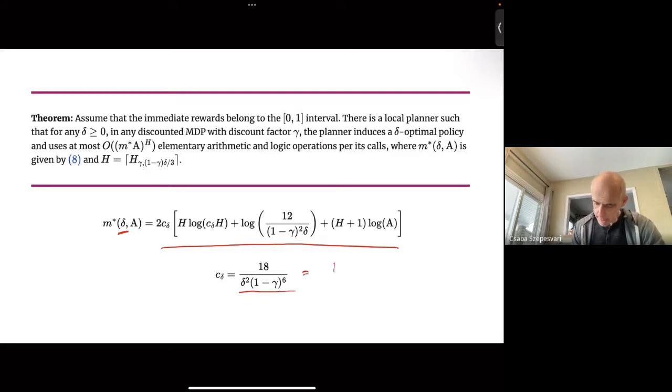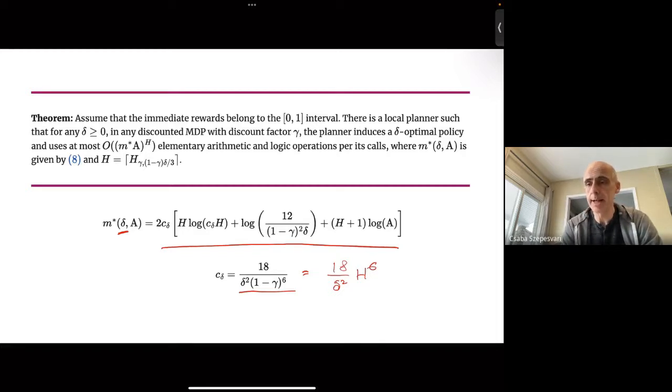You could also write this as 18 over delta squared times h to the power of 6. So you choose your m like this, and you run the procedure, and it's guaranteed that this is going to induce a policy which is at least delta optimal, if not better. And this is independent of the number of states. So this is really great.